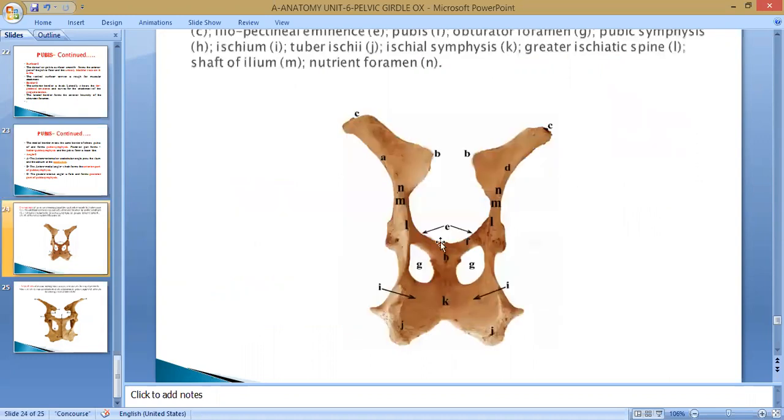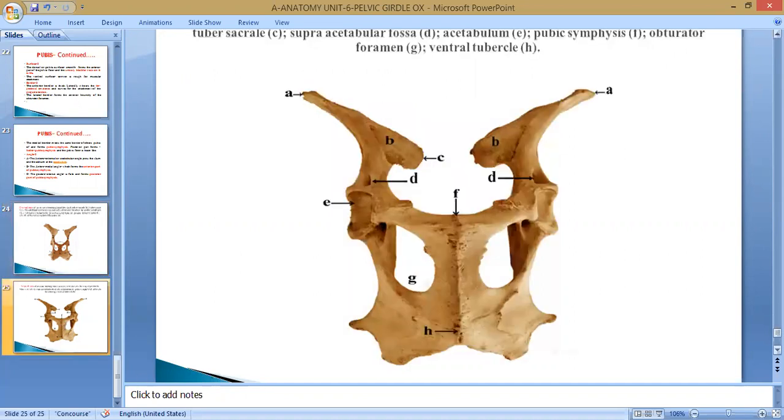What is this forming? The acetabulum and the obturator foramen, sorry, the cotyloid cavity. So we have completed all structures of this bone, the pelvic girdle.